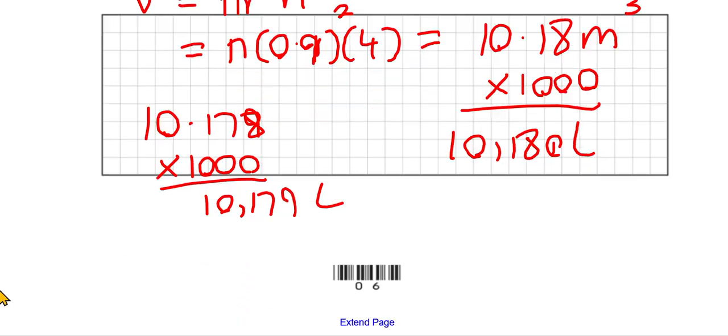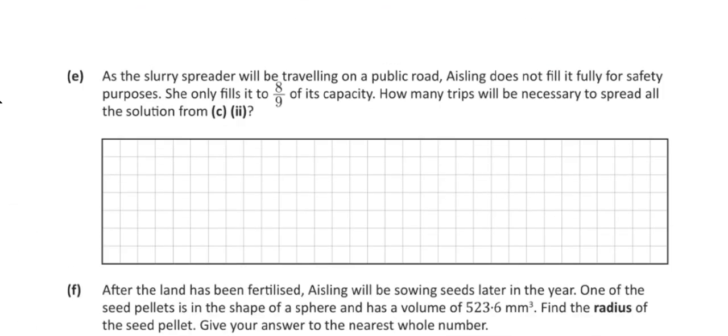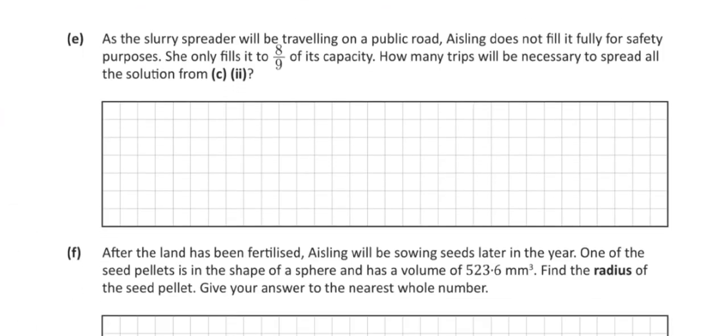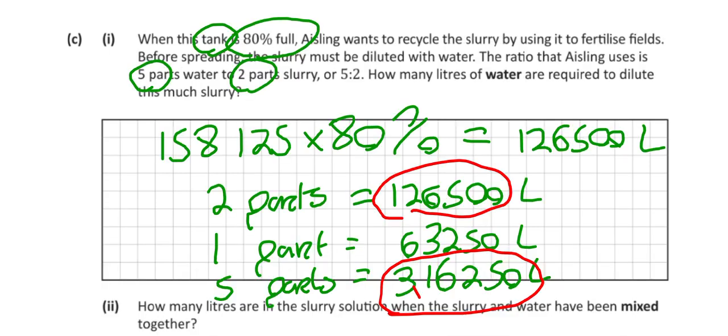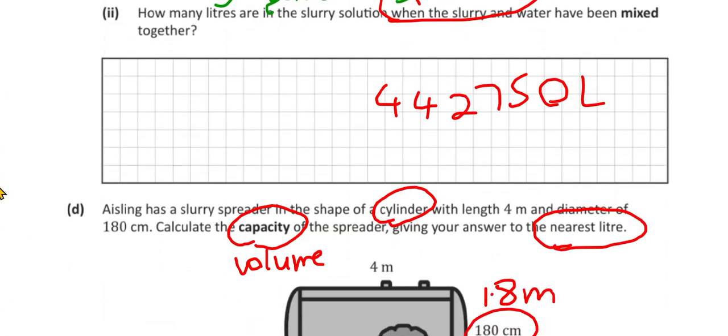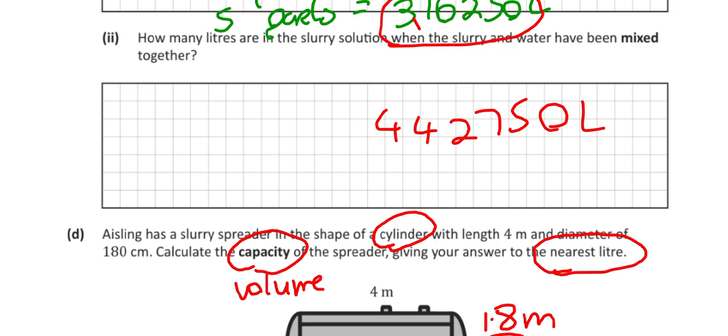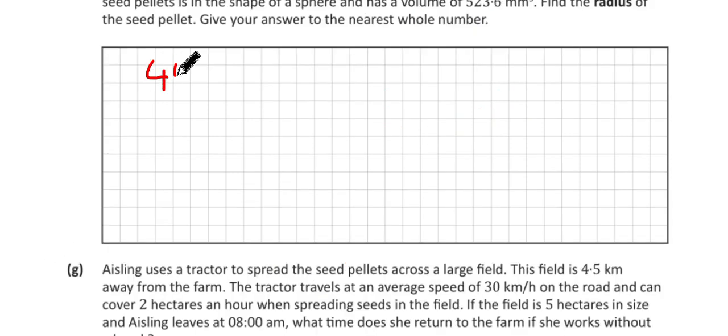Okay. All right, guys. Now, the slurry spreader is traveling on public roads. Ashton does not fill it fully for safety purposes. She fills it to 8/9 of its capacity. How many trips are necessary to spread all the solution from C part 2? Now, what was our answer from C part 2? 442,750?